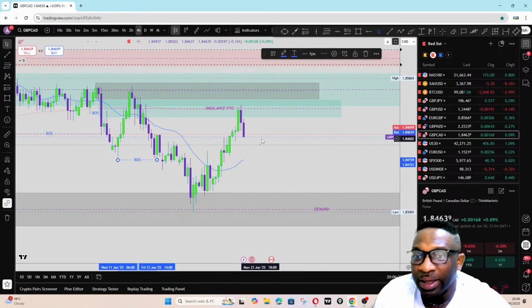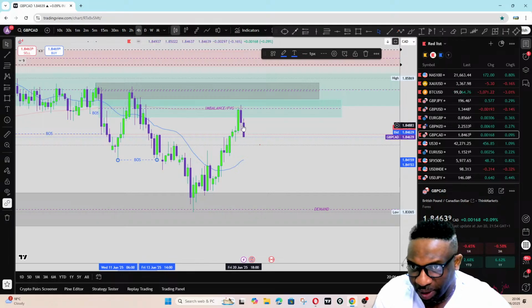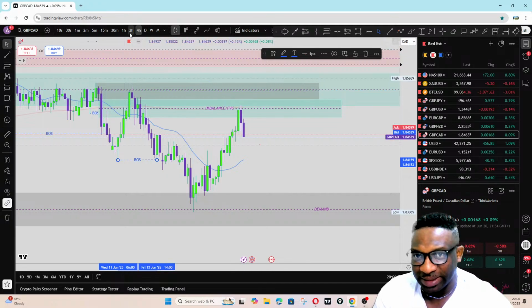Currently we are at this level here. This is also an area of imbalance that we identified with this move. Price is currently tapping into this area of imbalance, and it's looking like it's giving us an engulfing. This is a 4-hour time frame.